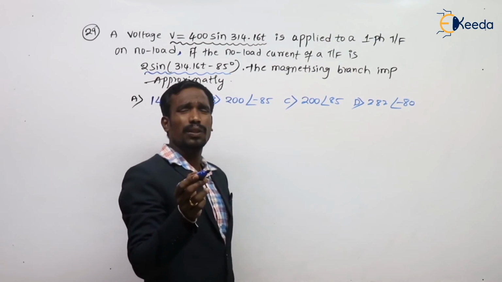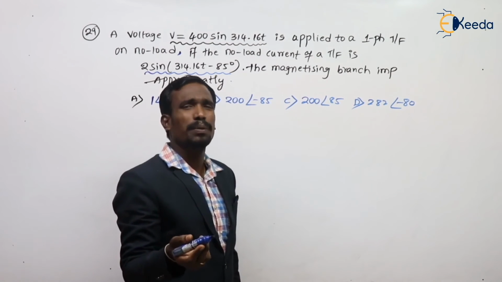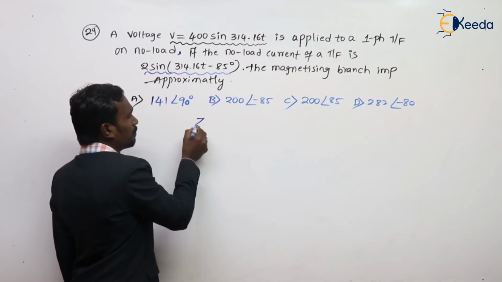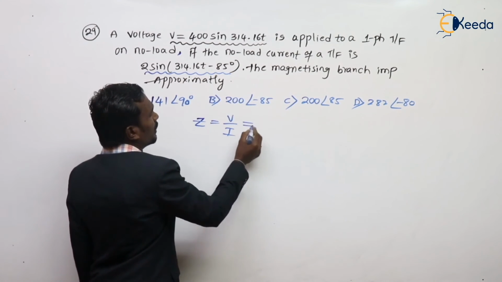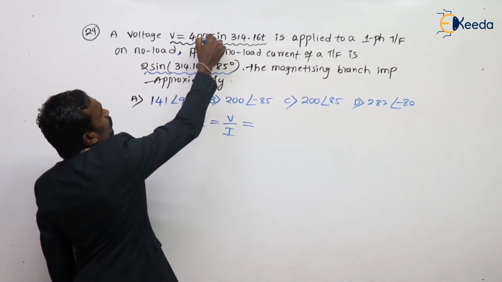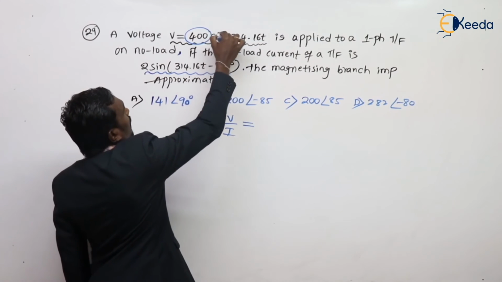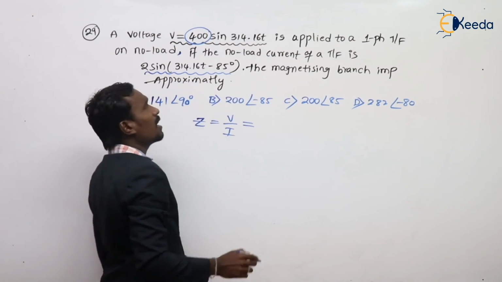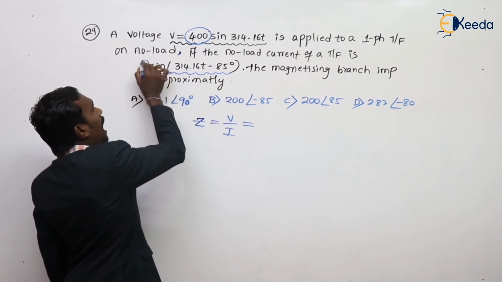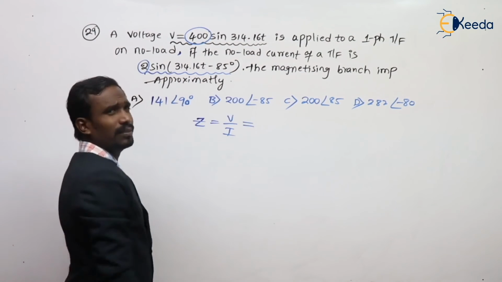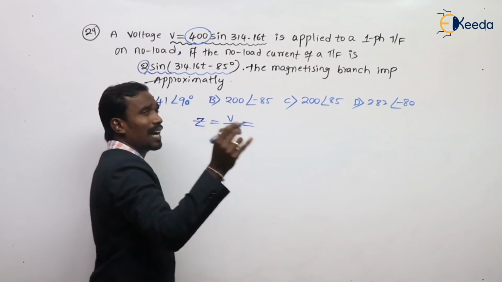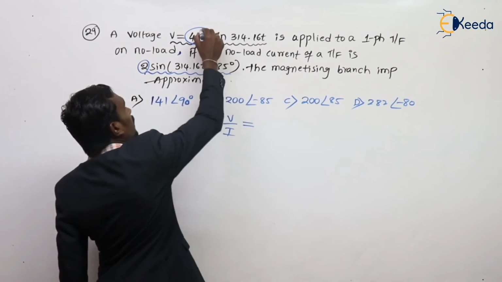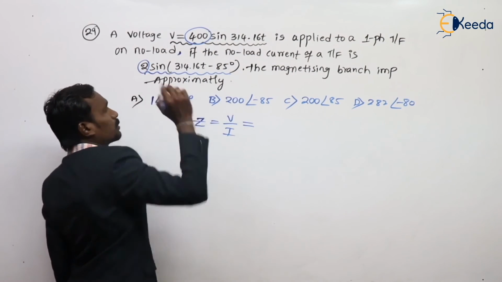we just need V by I, the impedance. The magnetizing branch impedance Z is equal to V by I. What is V here? V is equal to Vm into sine omega t. I is equal to Im into sine omega t. So we have to consider the RMS value, but these two are the maximum values.